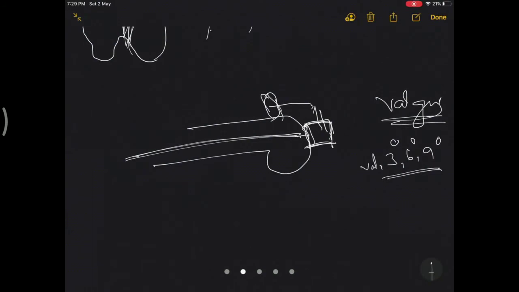valgus cut. And as we know, the anatomical axis is 6 degrees to the mechanical axis. We use a 6 degree valgus cutting block which will align like this.